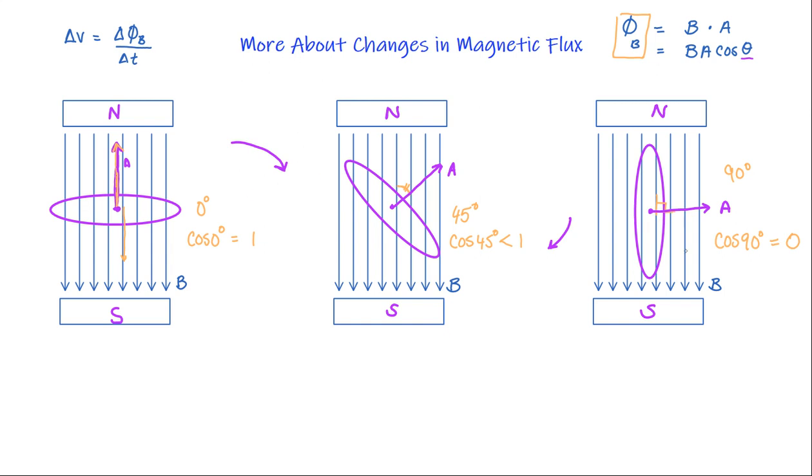If I keep turning it, we'd see the flux start to increase again, and then decrease and increase. You can think of this as spinning around in this magnetic field. The key is that the flux is changing, and how quickly that happens will determine how much potential difference is formed in this loop, which is really interesting.